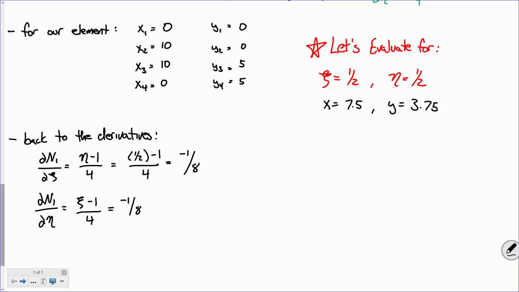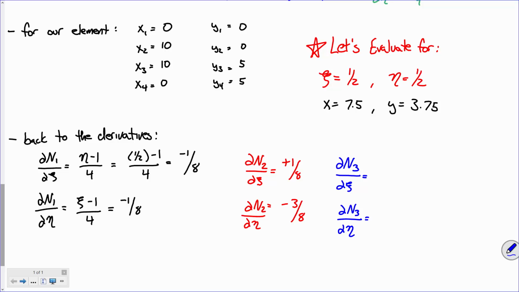Would you be all right if I just showed you the rest of them? It's just plug and chug, right? So if I do n2 with respect to both variables, I get positive 1/8 and minus 3/8. What do we get here? Positive 3/8 and positive 3/8.